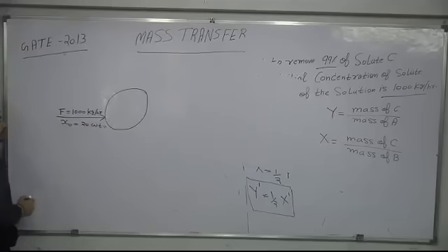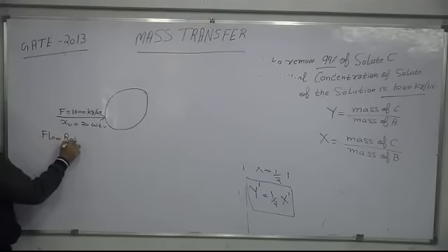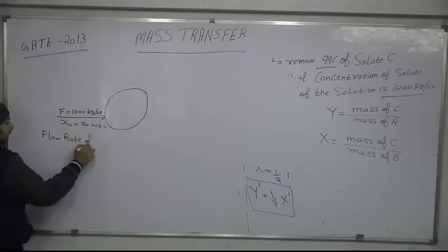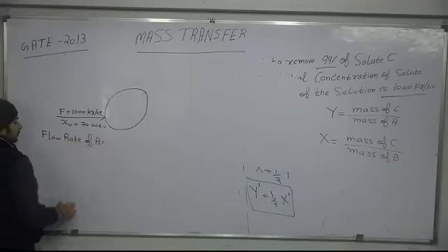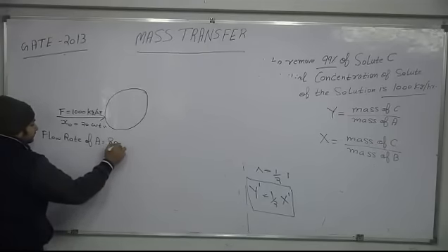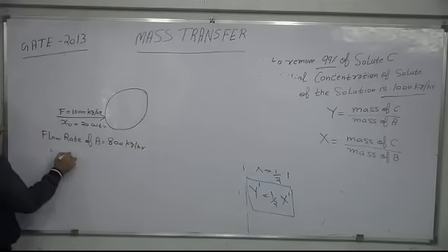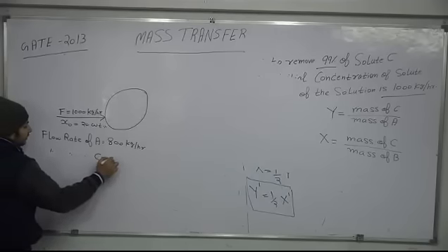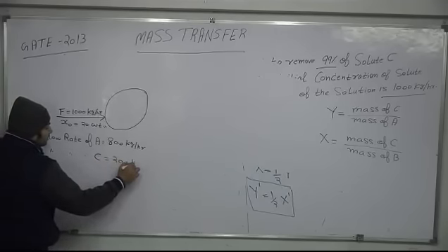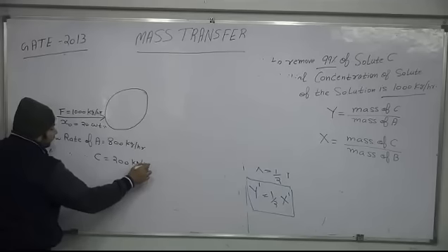That means the flow rate of A is nothing but 800, while the flow rate of C is 200 kg per hour.